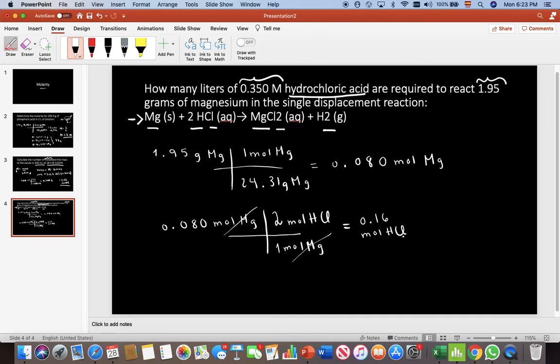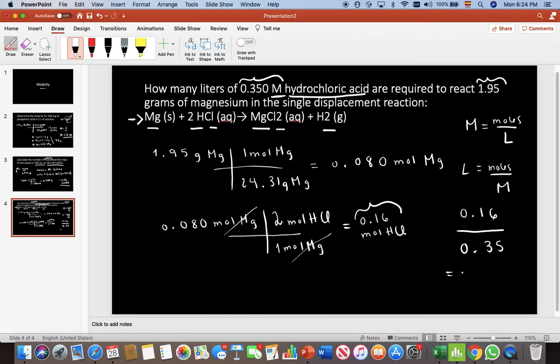Perfect. Okay, so now we have our moles, right? We have our liters. I'm sorry, no, we don't have our liters. And we have our molarity. So remember our equation, molarity equals moles over liters. And we want to find our liters, right? So our equation would now be liters are equal to moles over molarity. So we would do our moles, which are 0.16 over our molarity, which is 0.35.